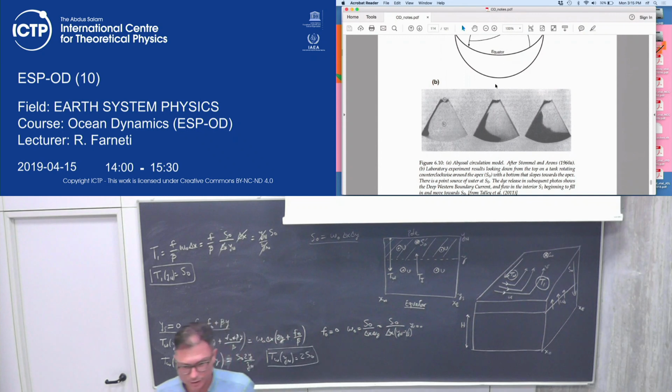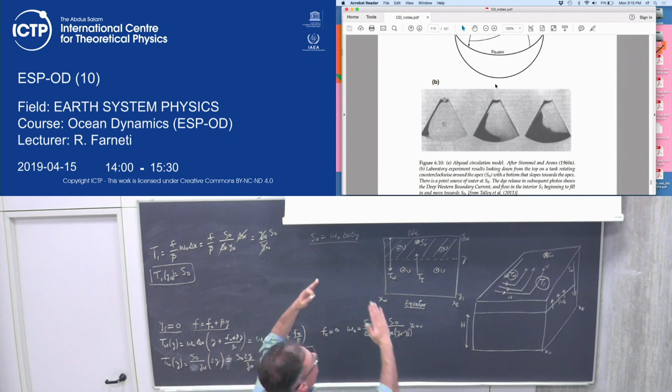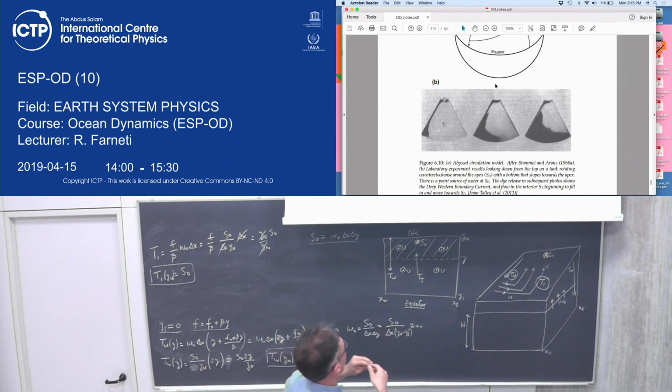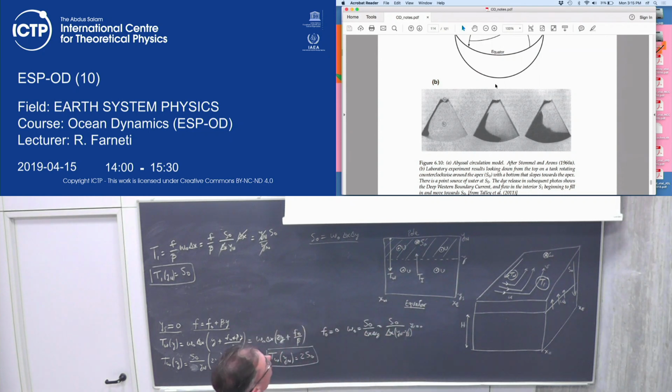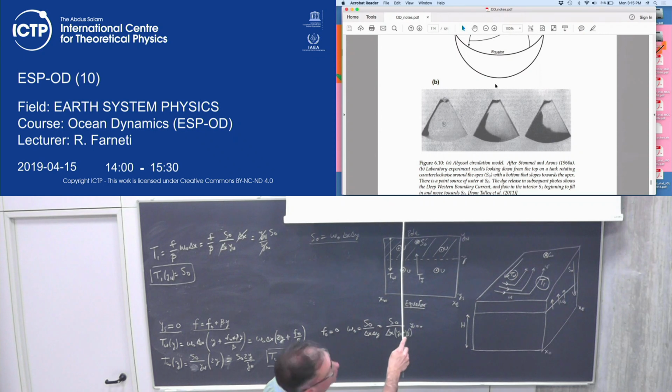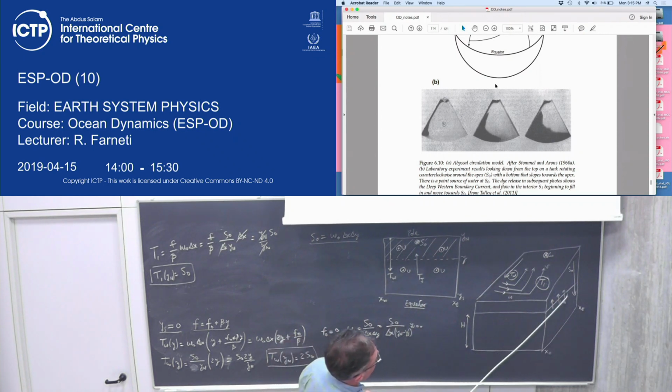Then they did a laboratory experiment, which we could actually do in a rotating tank. So this is a sector ocean instead of a square basin. It's a sector ocean, okay, which is rotating. It has two layers: a surface layer, something like this, and a bottom layer. They inject a dye, some quantity S naught, okay, which would be this.